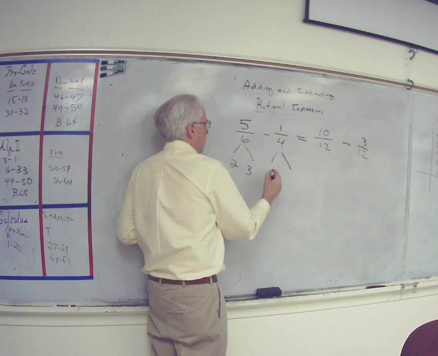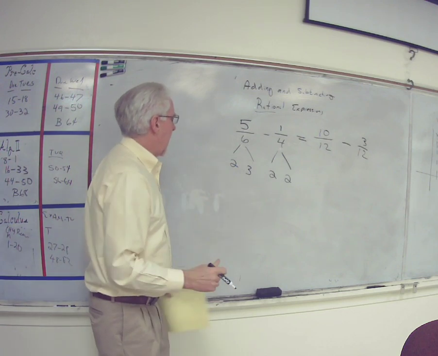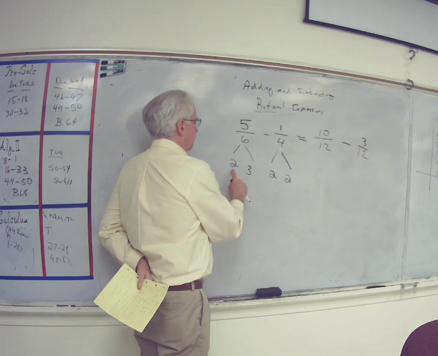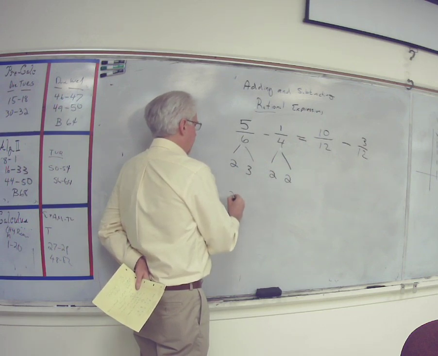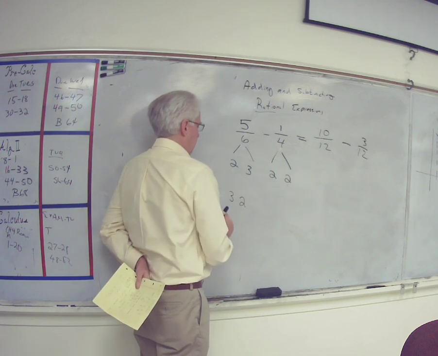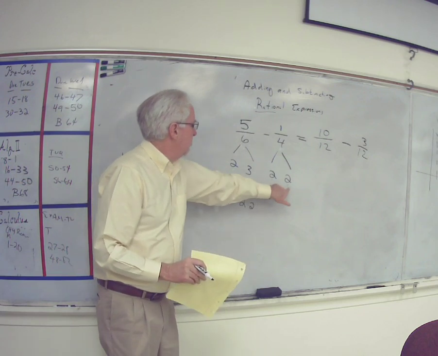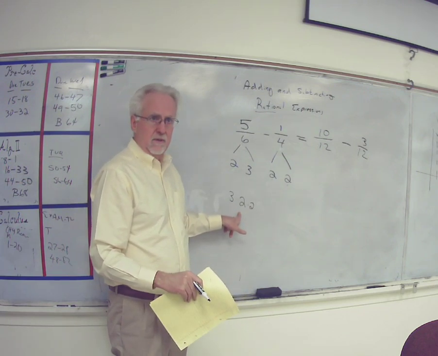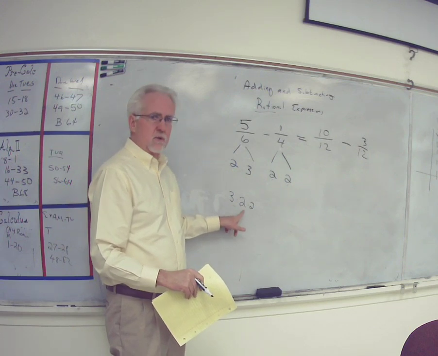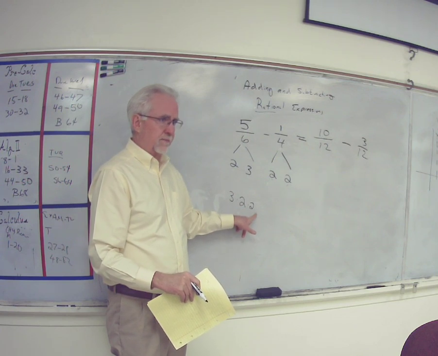A 4 is a what? 2 and a 2. So my bucket has to hold a what? A 3 and a 2. And then it needs to hold how many 2s? 2. Okay. But you see, I don't have to write 2 and 2 because I already have a 2. Does that make sense? So the least common multiple is what times what times what? 3 times 2 times 2.